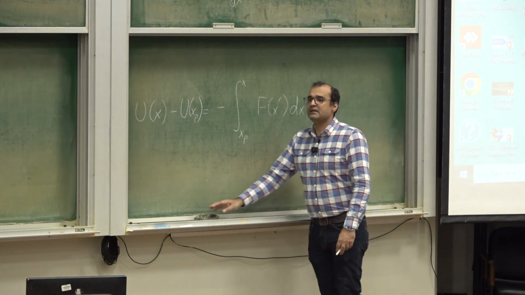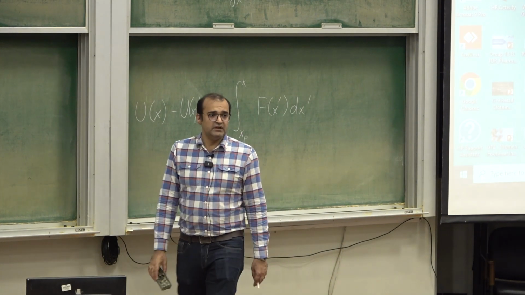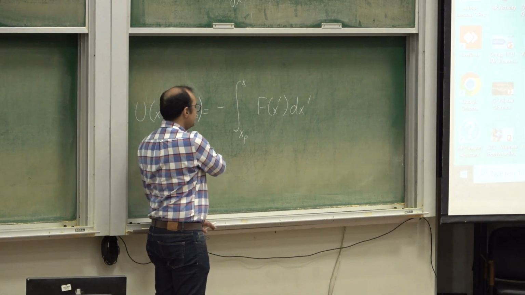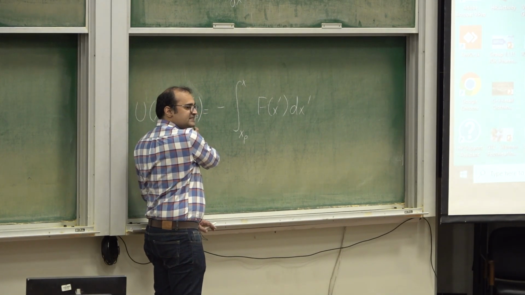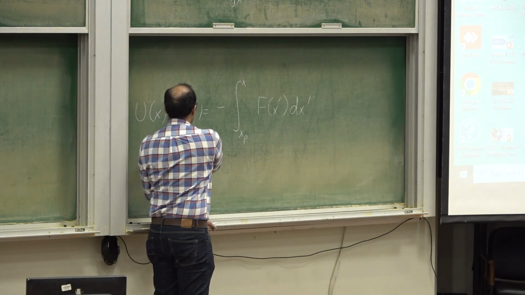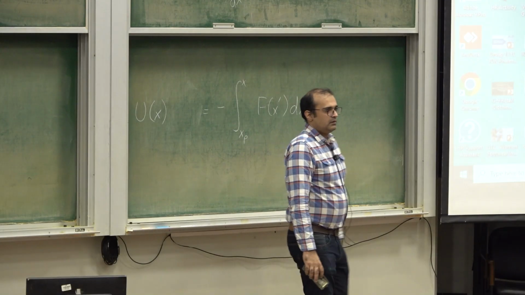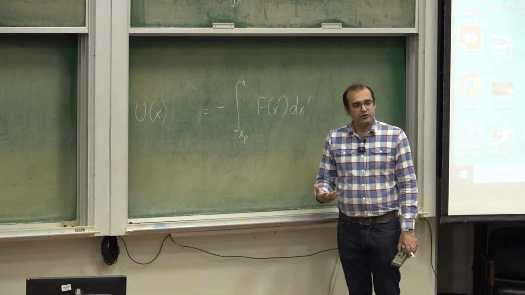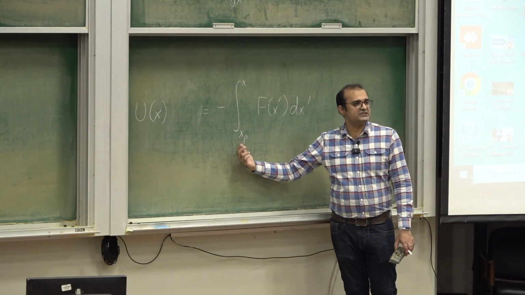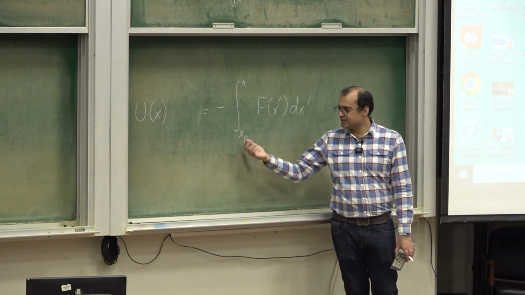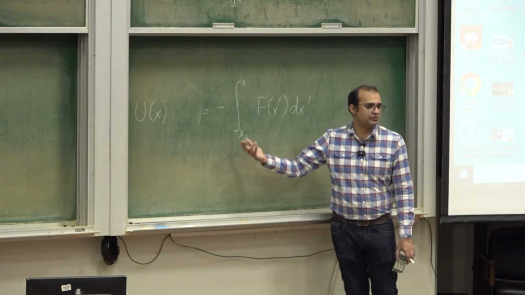Because we argued that only differences in this function matter, this constant doesn't matter, it is just a number. You can set it equal to 0 for convenience, so you are just left with that. For the gravitational force, the convenient choice of reference point is at infinity. For Hooke's law, the convenient choice is x equal to 0, and so on.